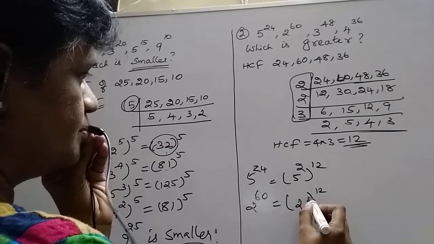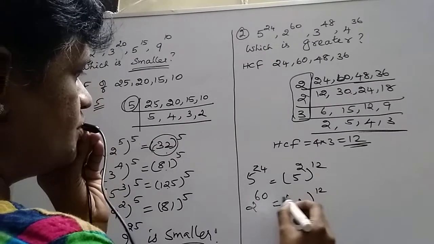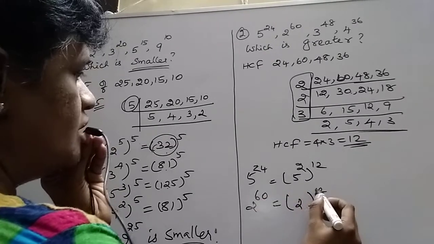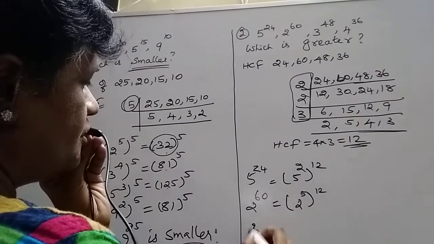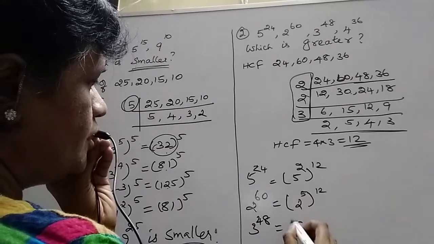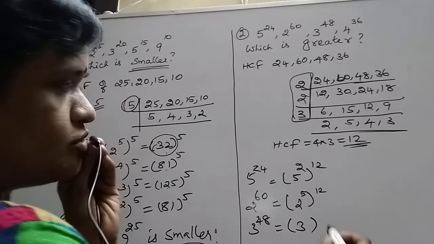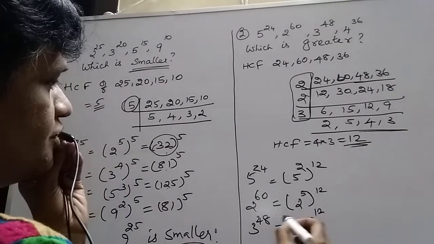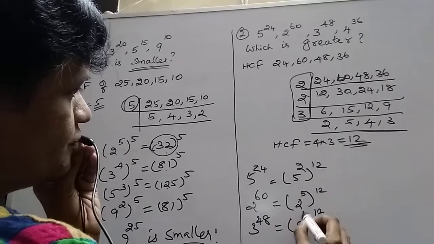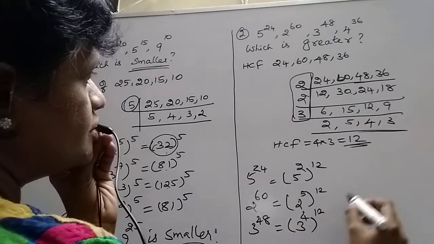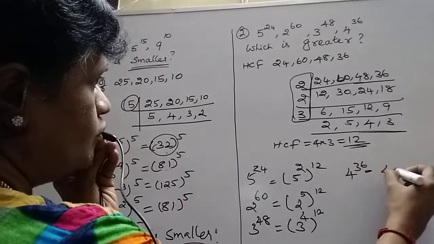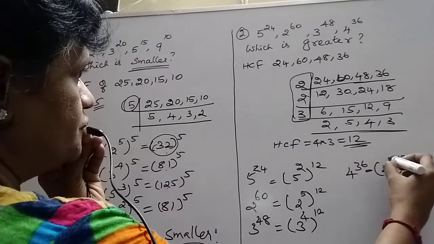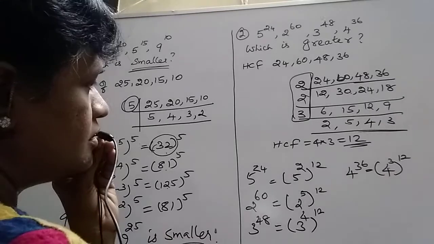How many times is 12 multiplied to get 24? 2 times, written inside the bracket. Outside, write the common number, the HCF. Next, 2 power 60 is 2 to the power of 12; inside the bracket, 5 times 12 gives 60. 3 power 48: 4 times 12 gives 48. Next is 4 power 36: 3 times 12 gives 36.